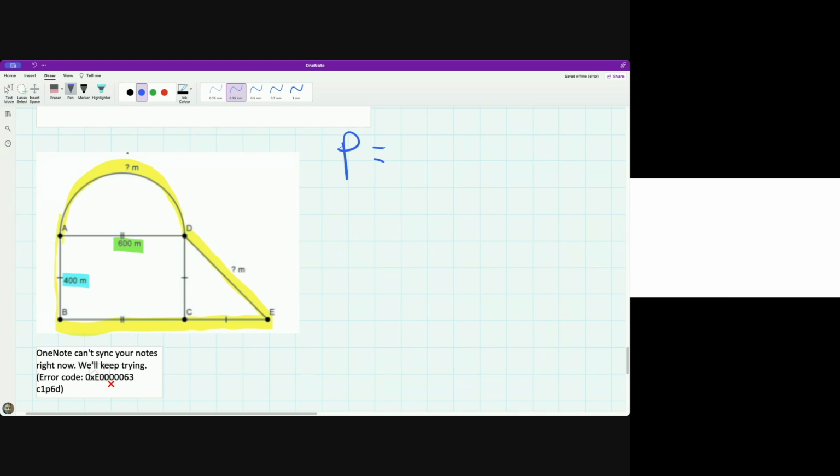I will say there are these rather handy little whiskers, which mean opposite sides are equal when you see these lovely little whiskers.